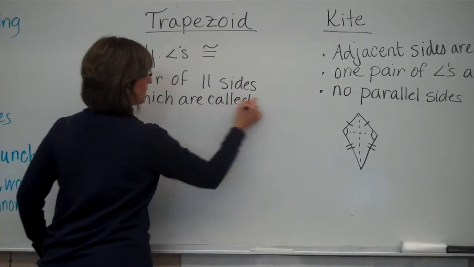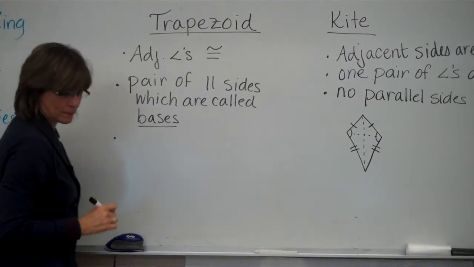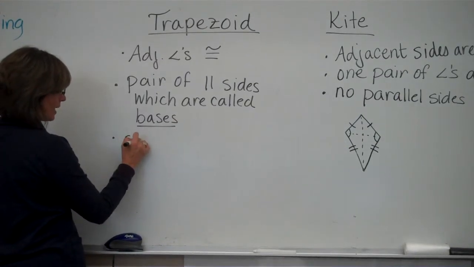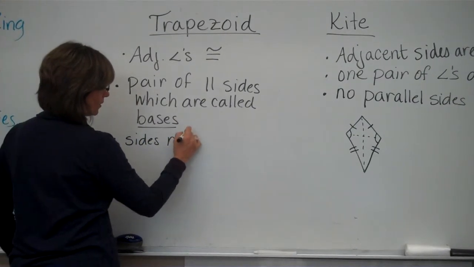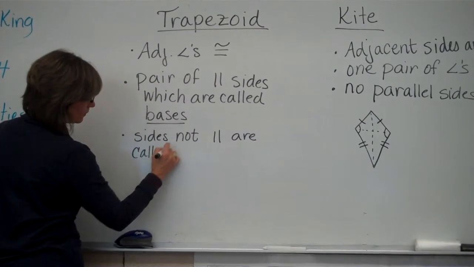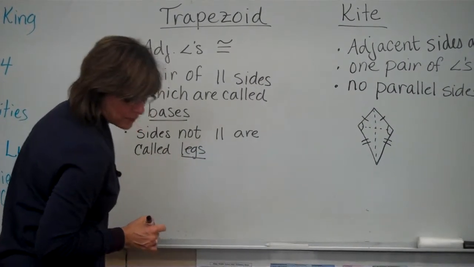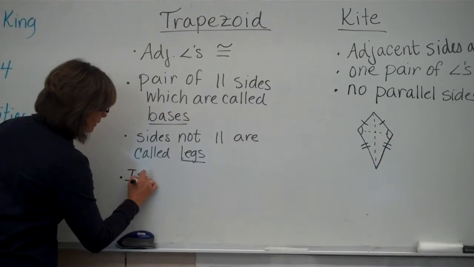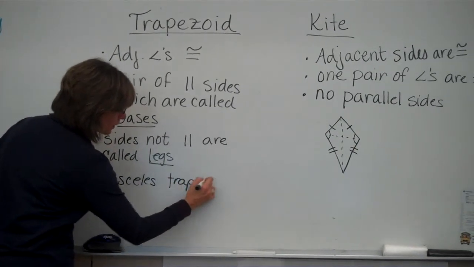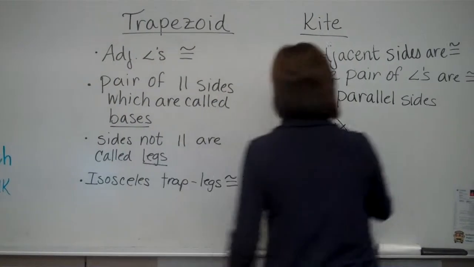And I'll show you that in just a minute. The sides that are not parallel are called the legs. And an isosceles trapezoid is a trapezoid where the legs are equal. Legs congruent.